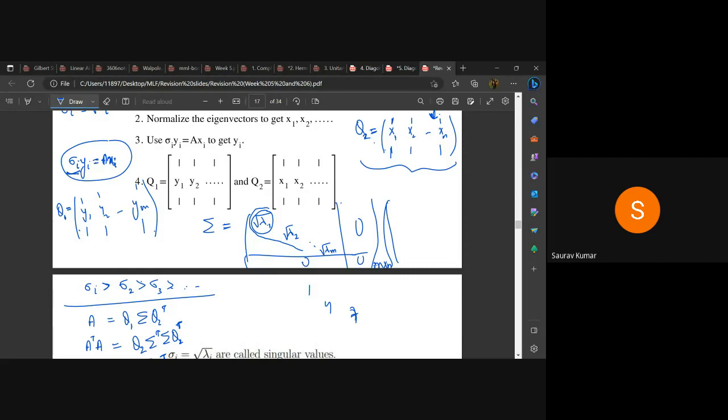You can arrange either in ascending or in descending order, but just put it in order. Either you write 7, 4, 1 or you write 1, 4, 7. It should be in order, whatever eigenvalues you get. If you are maintaining ascending order, maintain that. If you are writing in descending order, just maintain that. Okay.